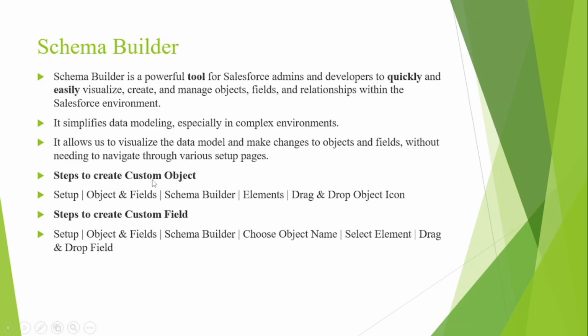Steps to create a custom object: setup, objects and fields, Schema Builder, elements, drag and drop the object icon. Here everything is presented by icons, so we simply drag and drop to create the custom object.